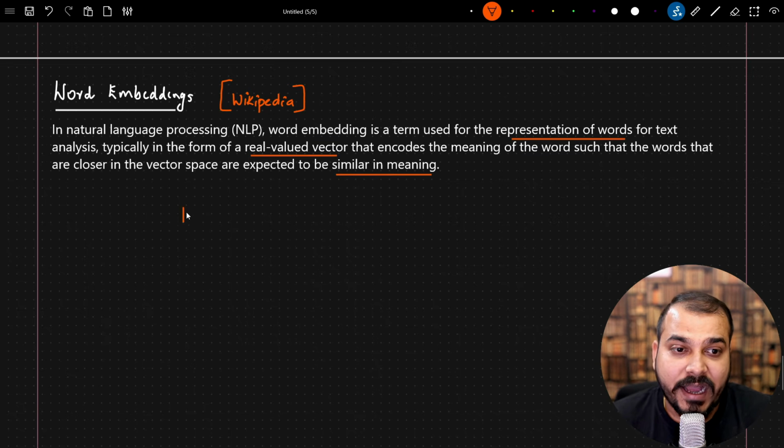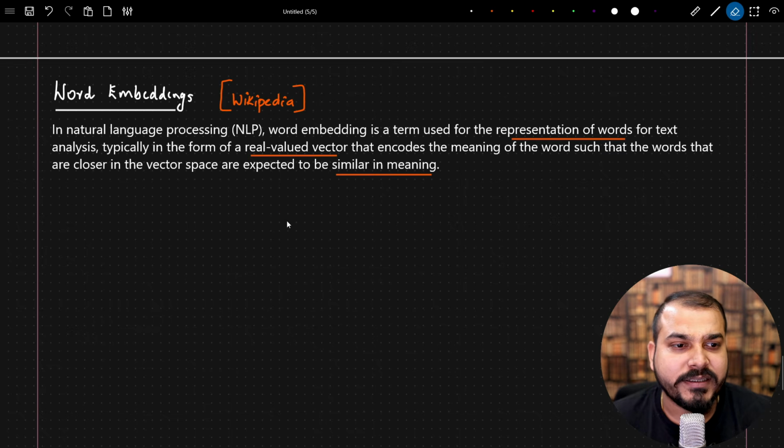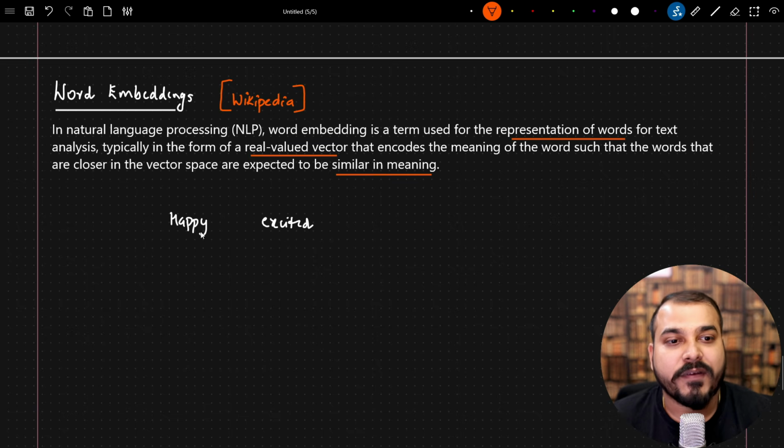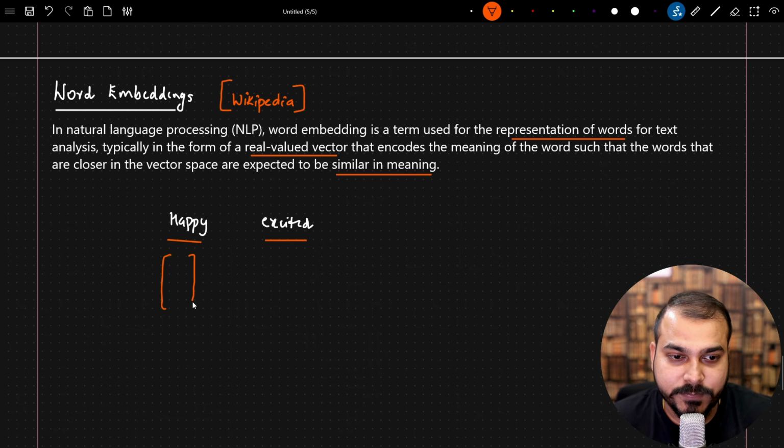So let's say that I have two words, king and queen, okay? Or forget about king and queen. Let's say that I have two words, happy and excited, right? Now with the help of word embedding techniques, we convert these words into vectors.